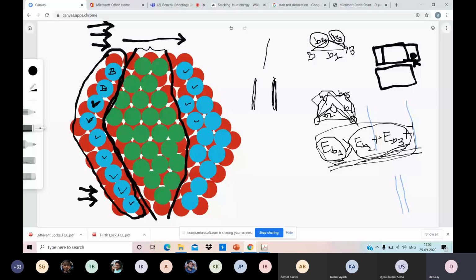Now, if two same type of dislocations come together, what will happen? Repel each other. That is the right answer. They will repel each other.